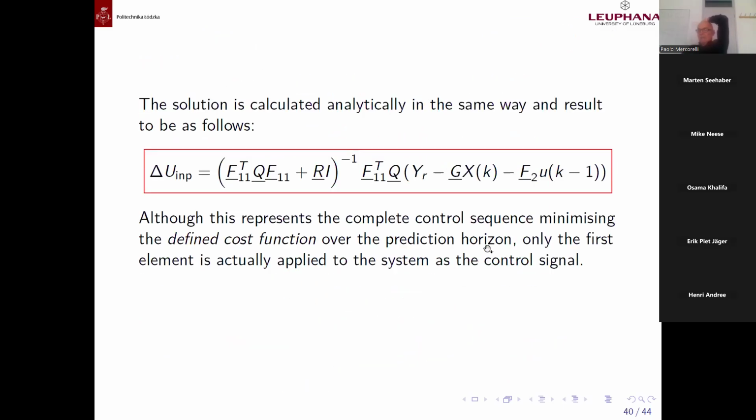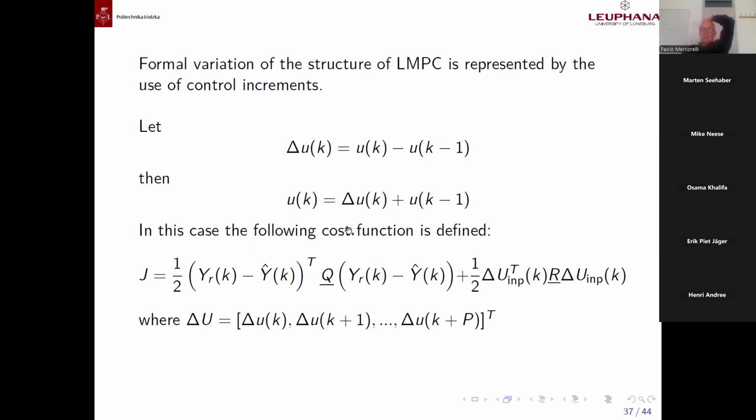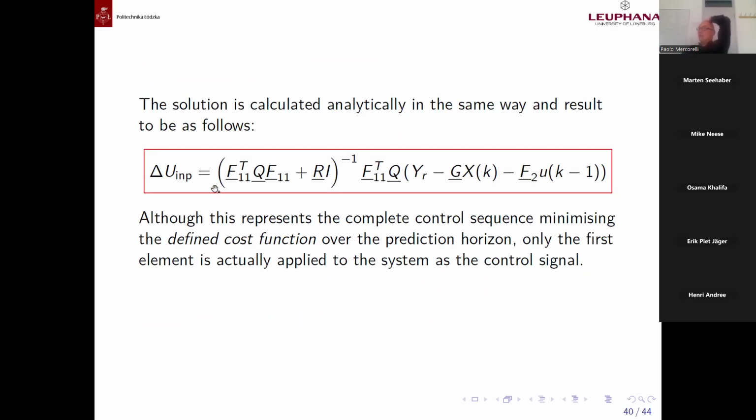As I commented, this is basically the formal solution in terms of delta. And of course, to obtain U of k, we have to do this operation here. Delta, the solution which I have from the methods, plus U of k minus 1. Delta is the solution from the methods. I have to add U of k minus 1 to obtain U of k.